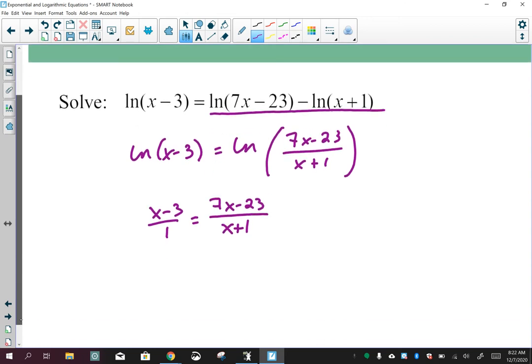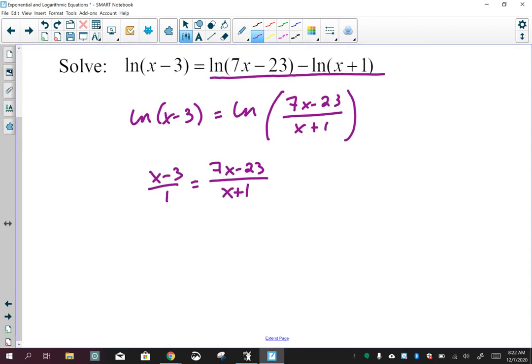So now what I'm going to need to do is cross multiply these. So I wind up with x minus 3, x plus 1 is equal to 7x minus 23. Clean up the left side over here. So that's x squared minus 3x, so it's minus 2x.